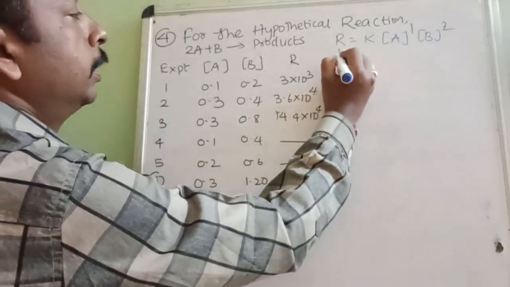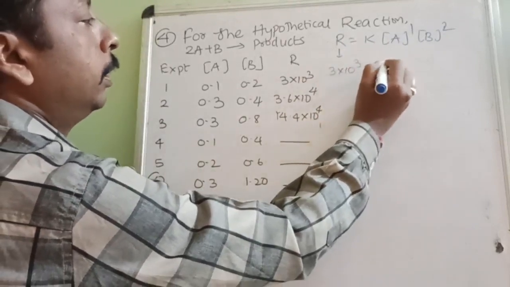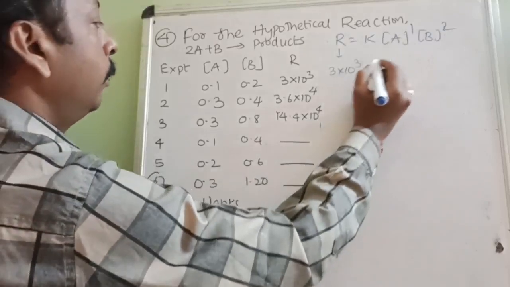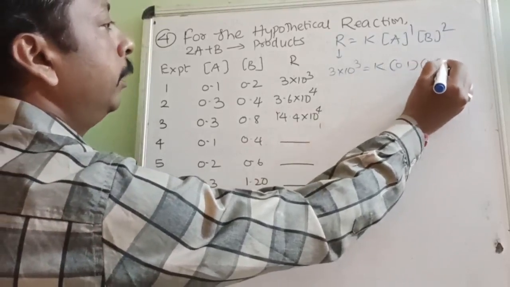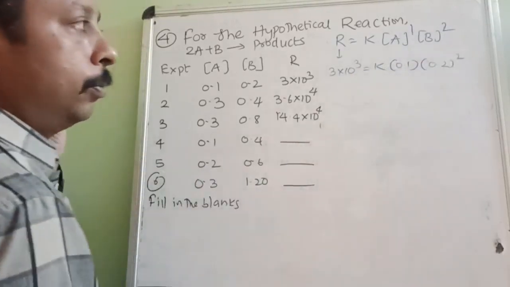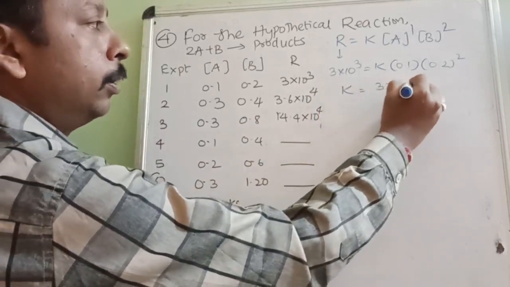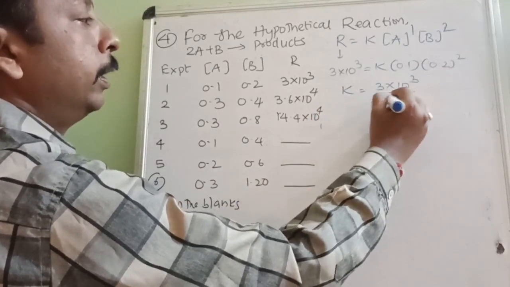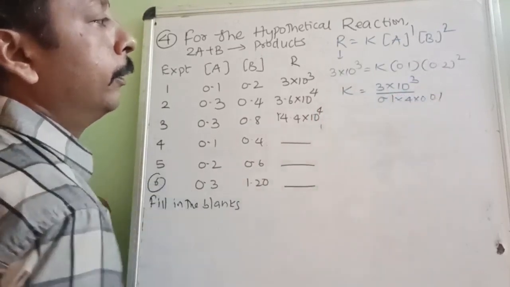Okay. So in this place what I should write? 3 into 10 to the power of 3. K is the value which I wanted to find out, and in place of A it is 0.1, in place of B 0.2 to the power of 2. Okay. So K is equal to 3 into 10 to the power of 3 divided by 0.1 into 4 into 0.01.